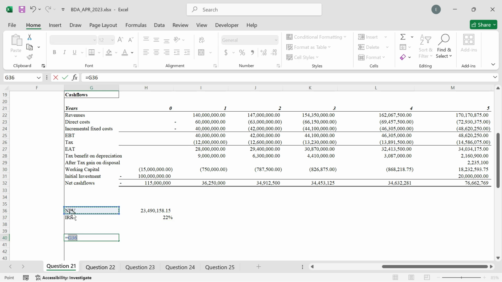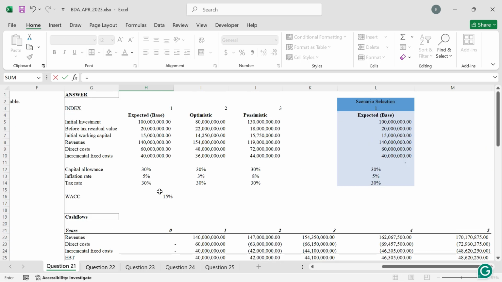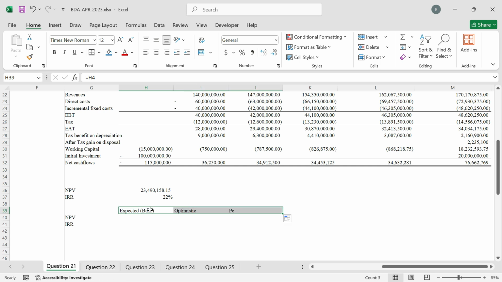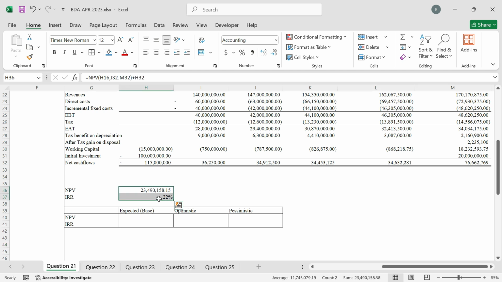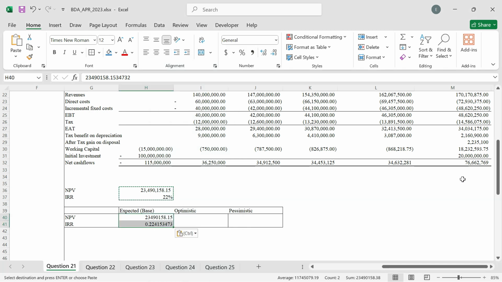I'll replicate this here. I'll pick out my scenario labels. Format will work. So I'll copy this, paste them here as values without the formulas.